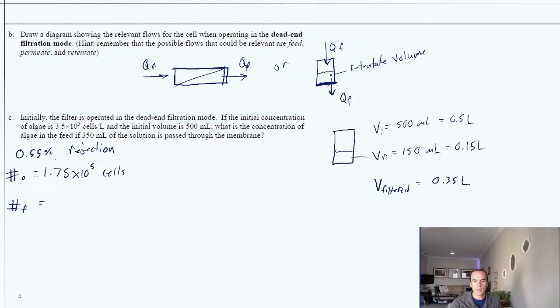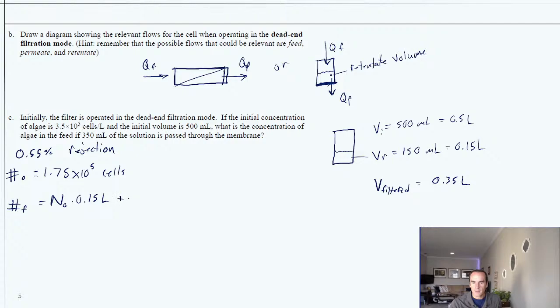It's the concentration, right? The cells per volume we could find as the concentration initial times 0.15 liters. That's literally just saying if we discarded some water, we're left with some water with stuff in it. Okay, so we just didn't change anything. That's the amount that would be remaining without any rejection.